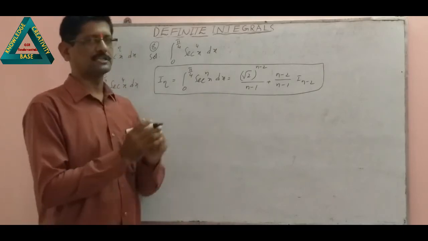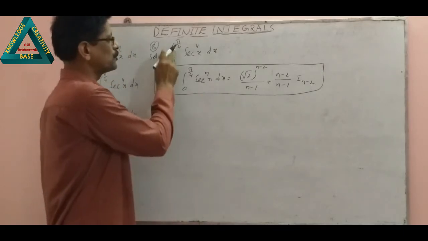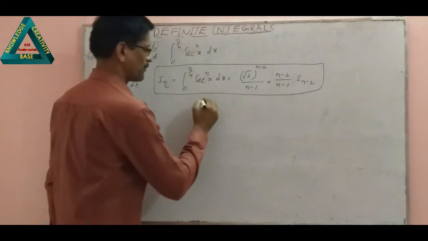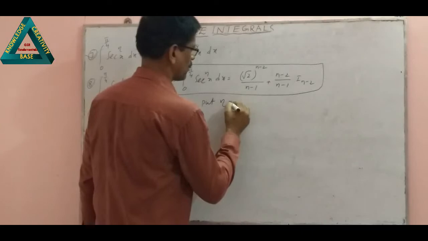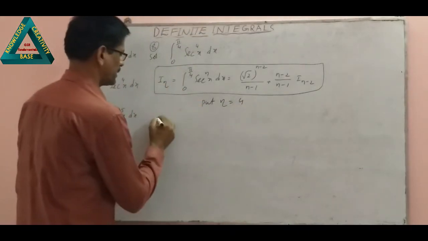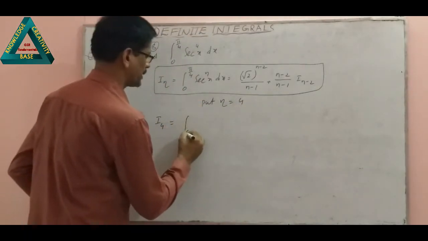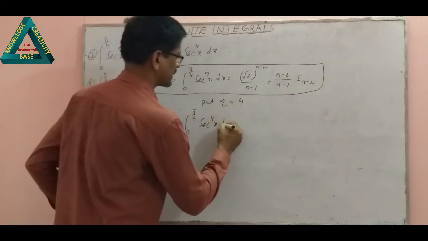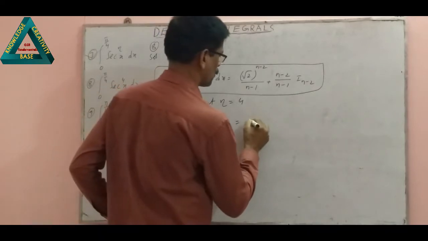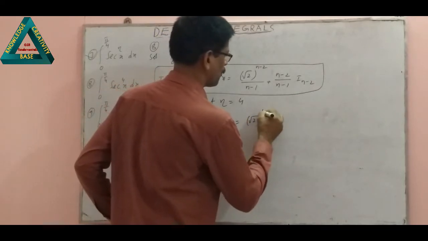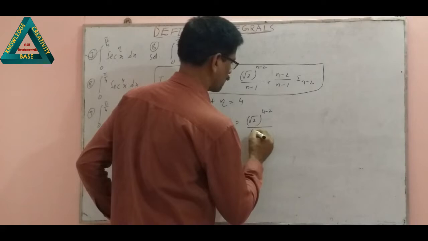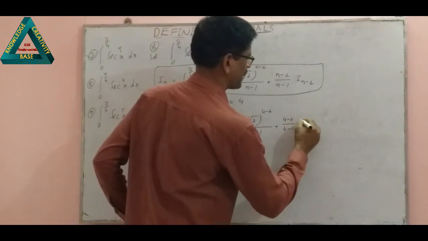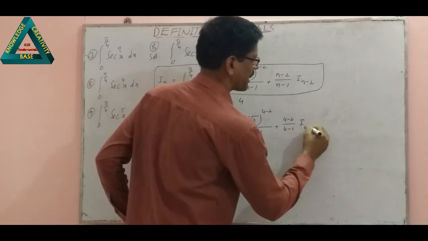So by using this result to evaluate integral 0 to pi by 4 secant power 4x into dx, that means put n is equal to 4. Put n is equal to 4, that means I4 is equal to integral 0 to pi by 4 secant power 4x dx, which is equal to root 2 whole power 4 minus 2 by 4 minus 1, plus 4 minus 2 by 4 minus 1 into I 4 minus 2.